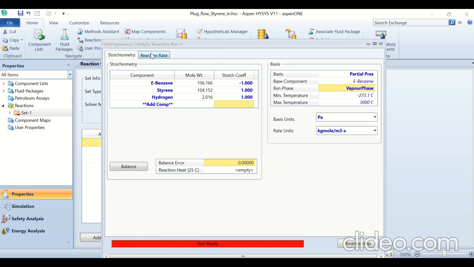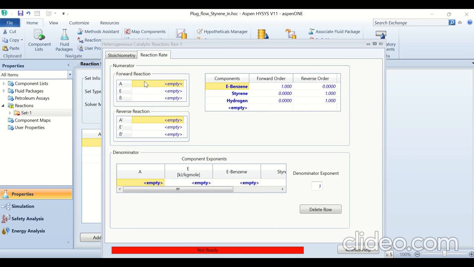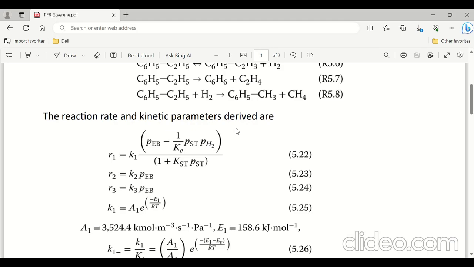Now we have to enter the reaction rate. Here we have to enter the data for the forward reaction. This is actually the rate of reaction. R1 is equal to K1 PEB. So K1 PEB is the forward reaction, while K1 by Ke PST PH2 is the rate of the reverse reaction.